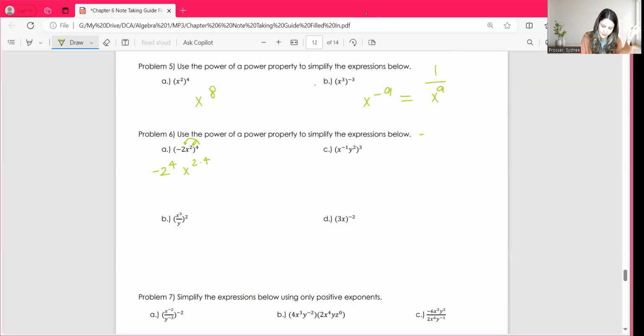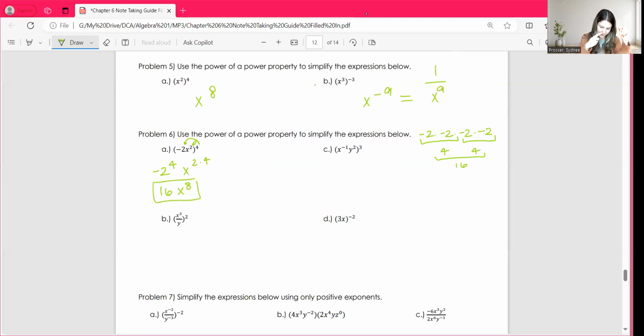I'll write it out to show you that you can do it too. -2 times -2, 4. -2 times -2, 4. 4 times 4, 16. So I've got 16. X to the 2 times 4 is x to the 8.